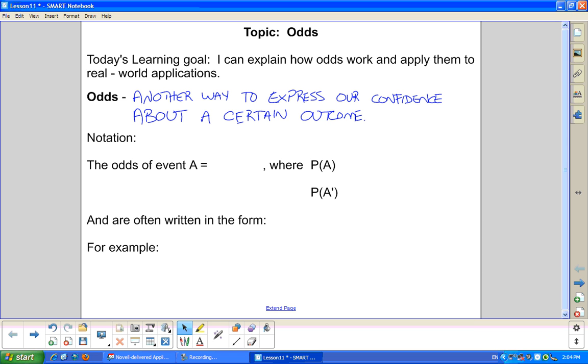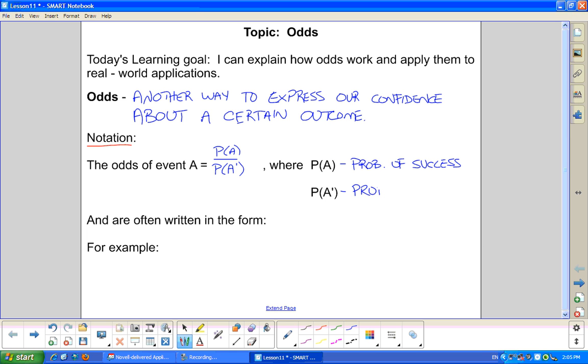So the notation for odds, we usually use the letter A, and the formula is the probability of success divided by the probability of failure. So P of A is the probability of success, and P of A prime is the probability of failure.